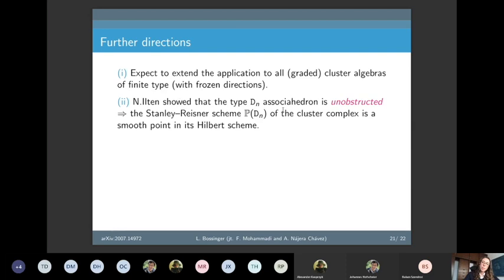The Grassmannian Gr(3,6) is of cluster type D4. So in particular, this would include the case of the Grassmannian Gr(3,6).